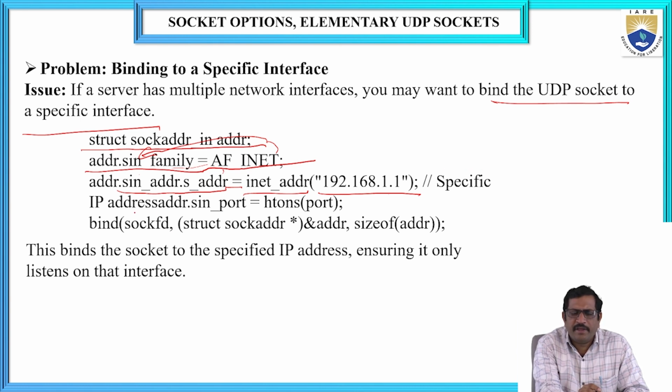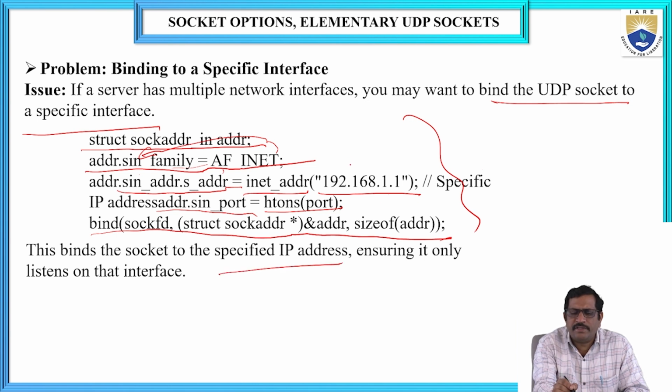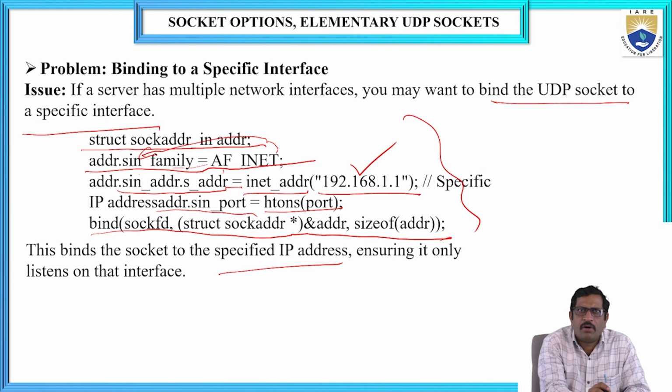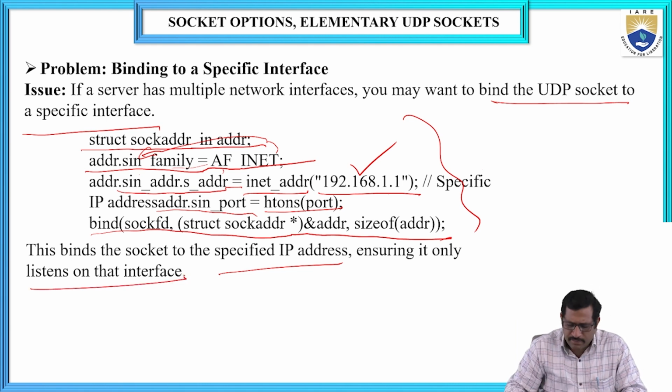Then addr.sin_port, the port number, and we call bind with the socket file descriptor, the socket address and the size of the structure. With the help of this code, we bind the socket to a specific IP address, ensuring it only listens on that interface.